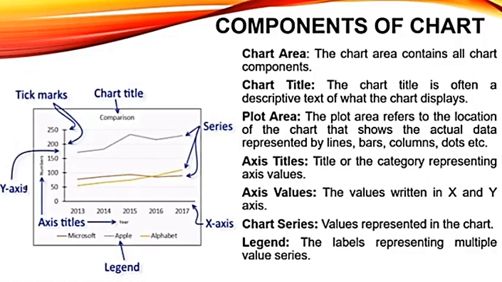That whole area, this whole area that you can see, is where the chart is drawn. It is known as the chart area. Whatever the area occupied by the chart is known as the chart area.